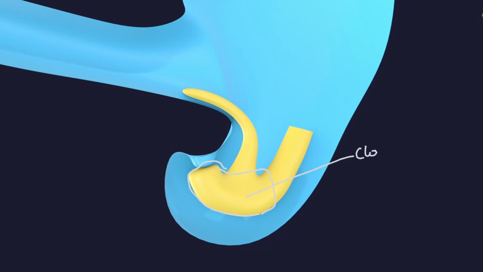Cloaca is basically a common pouch into which the urinary secretions, as well as, let's suppose, sperm and other related secretions that are involved in reproduction, those secretions, and third is the feces.